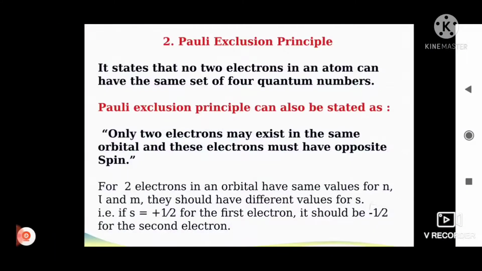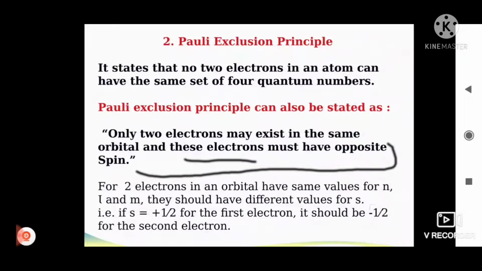This is Pauli's exclusion principle. It states that no two electrons in an atom can have the same set of 4 quantum numbers. And it is also stated that only two electrons may exist in the same orbital, and those electrons must have opposite spin.